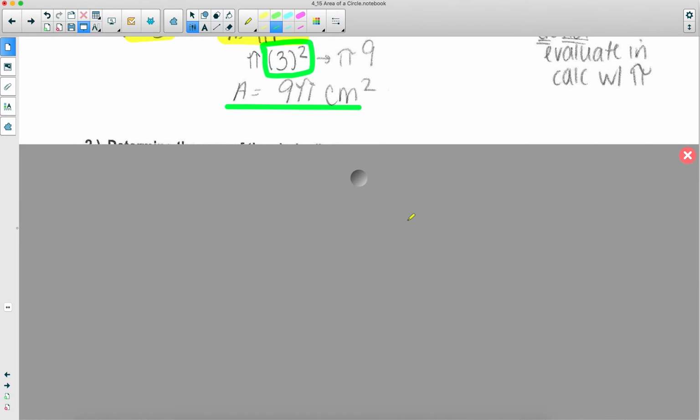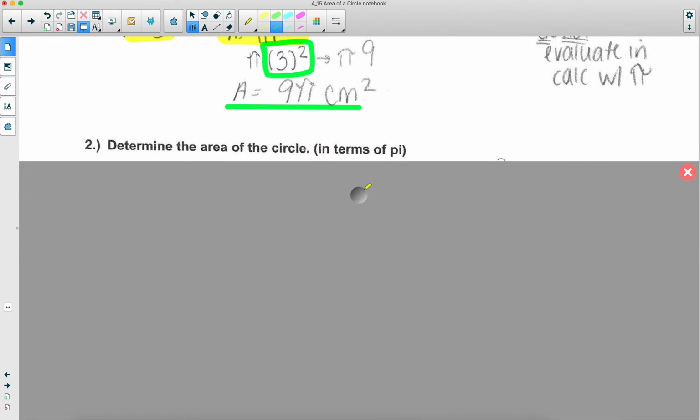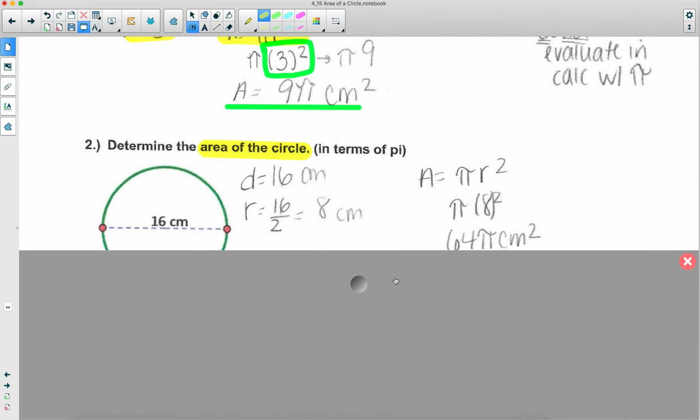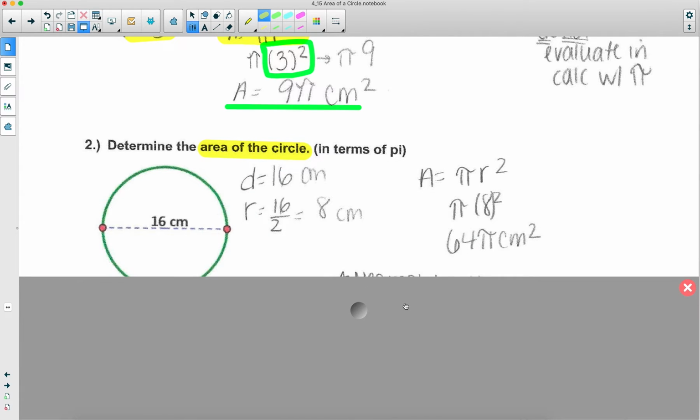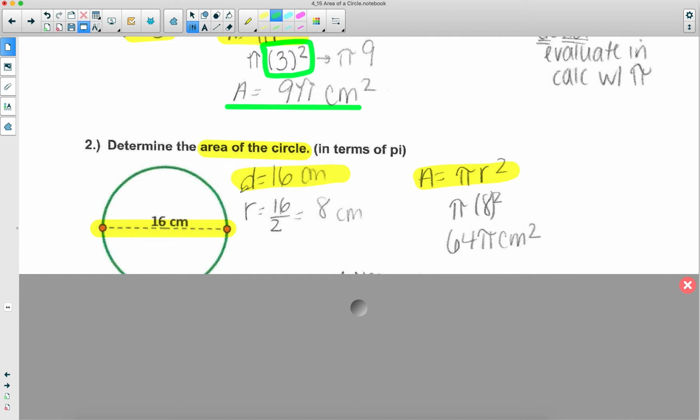So that's number 1. Number 2, again, determine the area of a circle. Area of a circle means we're using pi r squared, again leaving it in terms of pi. For this one, they gave us the diameter, which is from side to side through the center of a circle. If the diameter is 16 and I'm using area, which is pi r squared, I have d here and r here.